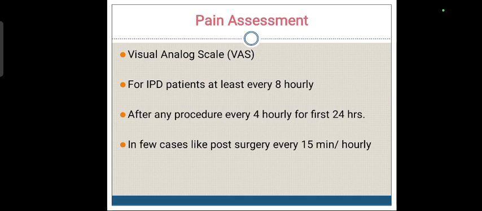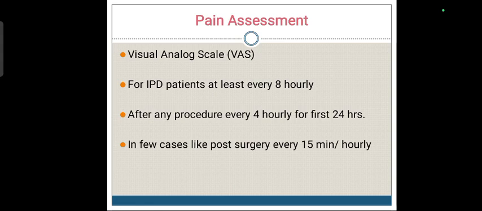Next is pain assessment. In general, the standard pain assessment tool is VAS, that is visual analog scale, that has to be followed in all the records or wherever it is applicable. For IPD patients, at least 8 hourly it is done, and after any procedure, especially, it should be done every 4 hourly for the first 24 hours.